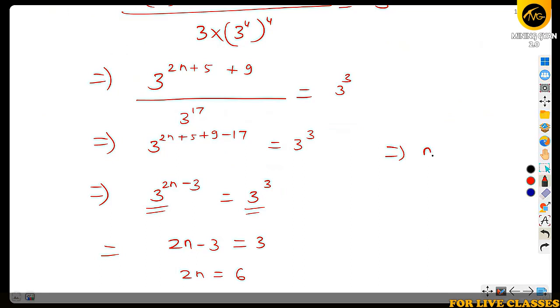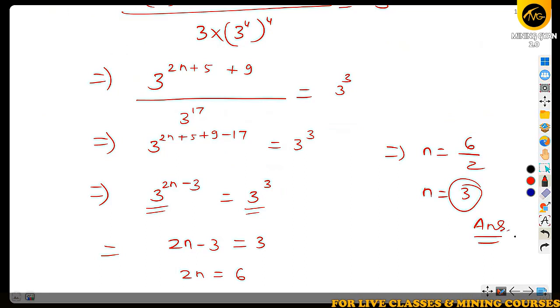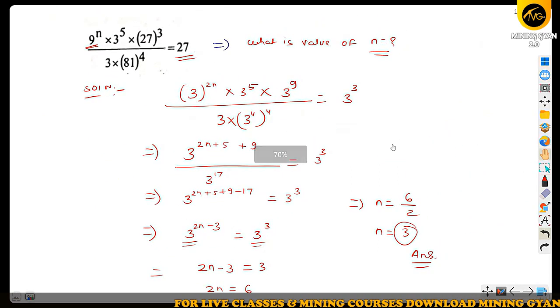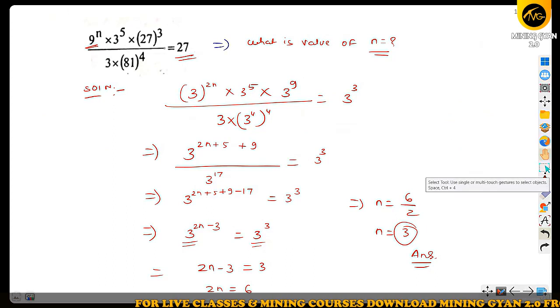So n is equal to 6 divided by 2. So n is equal to 3. That is the value of n. Clear?